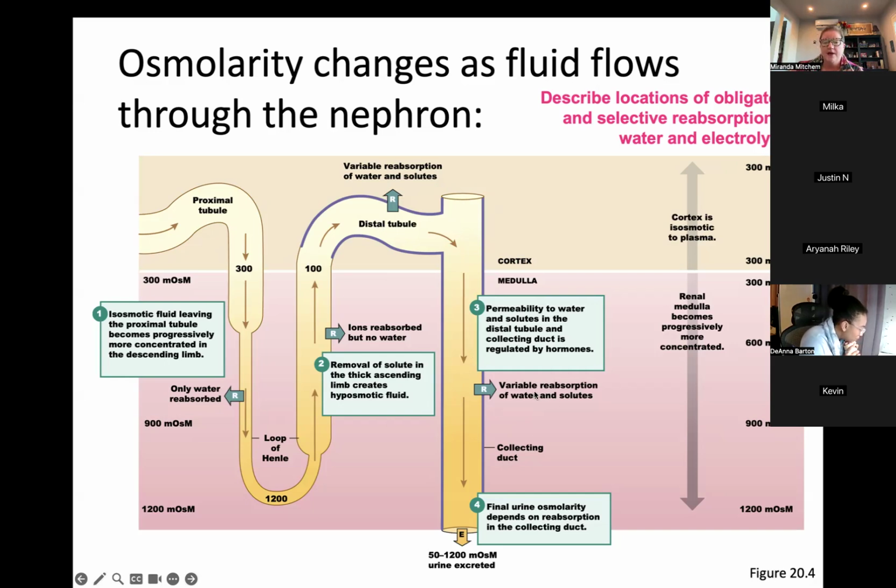Same thing. So we get reabsorption of water and solutes there. And that concentrates the urine. So about Kevin's question earlier about if the filtrate becomes the urine and how it is different from urine as well, that has to do with the reabsorption of different material as the filtrate goes through the nephron.